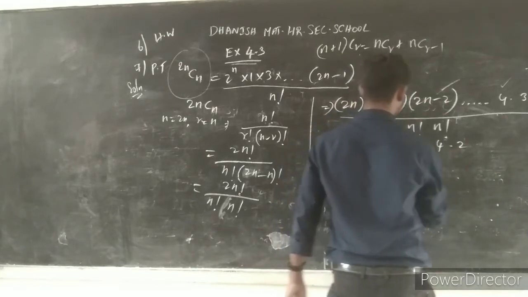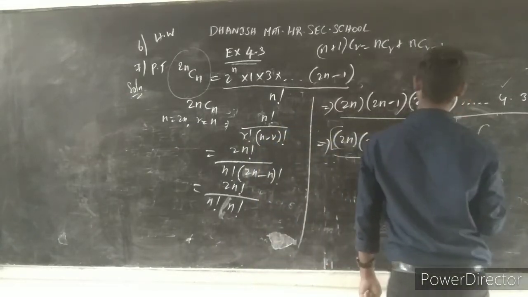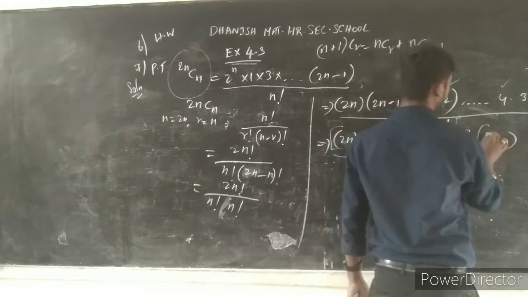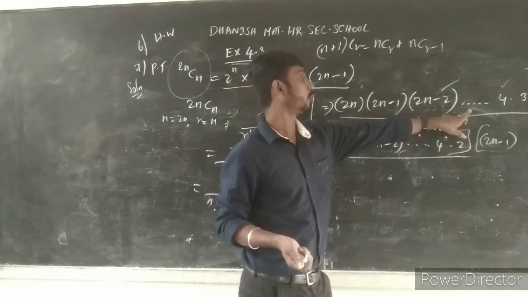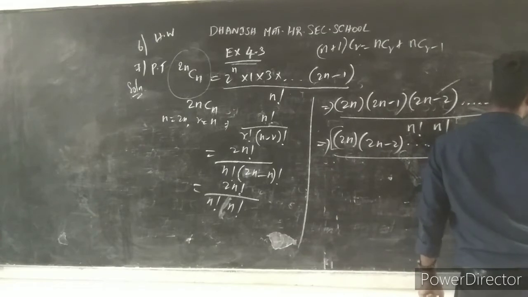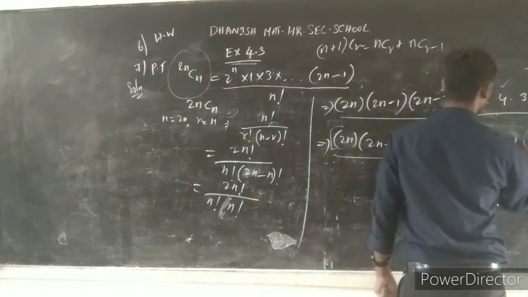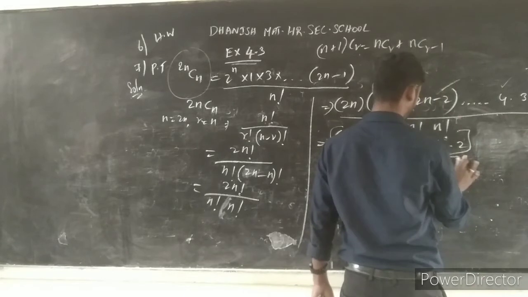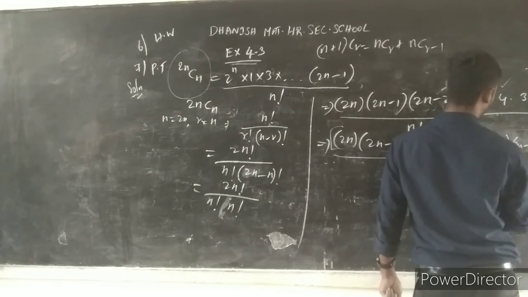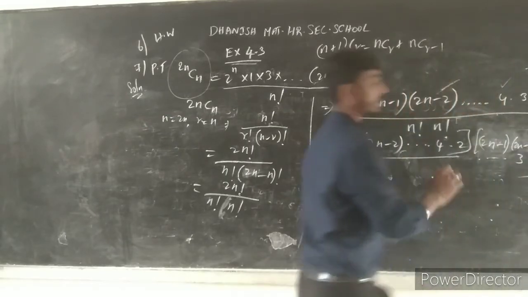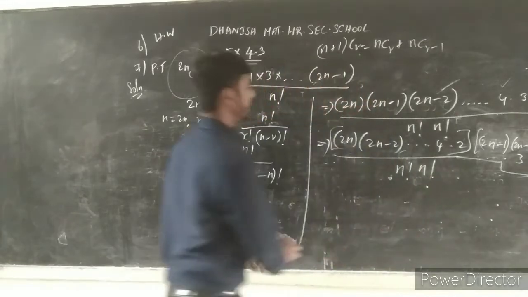Now the odd values: 2n minus 1, 2n minus 3, up to 3, 1, which are odd numbers, whole divided by n factorial into n factorial.